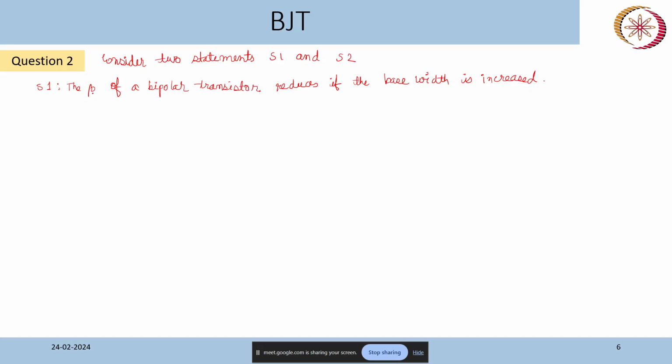Okay, what is beta? Beta is the current gain, which is given by IC by IB, collector current by base current.